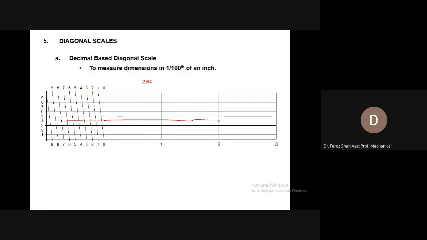So that would make 2.64. This measurement cannot be taken with the help of these edges exactly. So you will have to take this measurement with the compass and will place it anywhere you want to draw a line of this measurement.